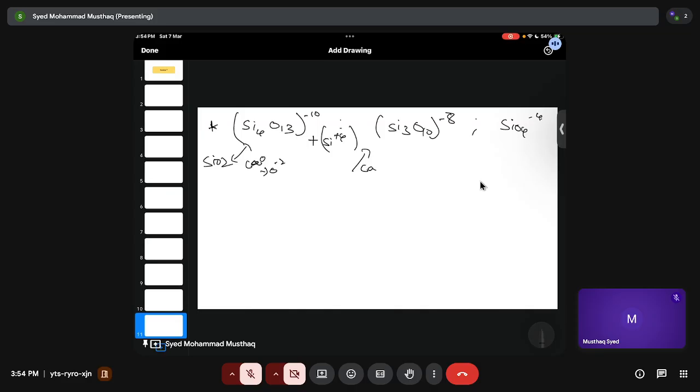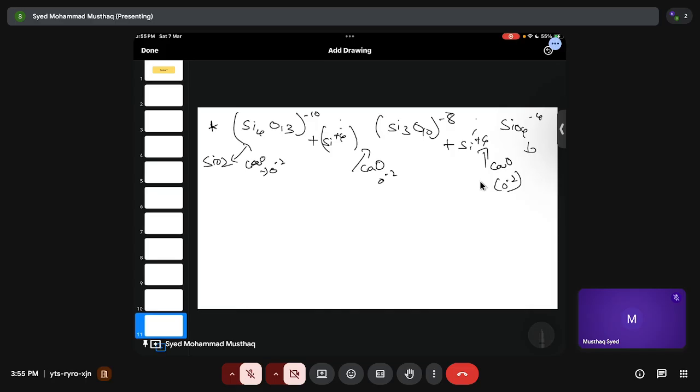If I add more calcium oxide, again the bonds will be broken and more silicate units come out. Finally, when you add enough calcium oxide, that means enough oxygen atoms, you will only have SiO4 minus 4 tetrahedra. There is a complete breakage of chains. There will be no 3-dimensional structure anymore. So that's what happens when you add calcium oxide.